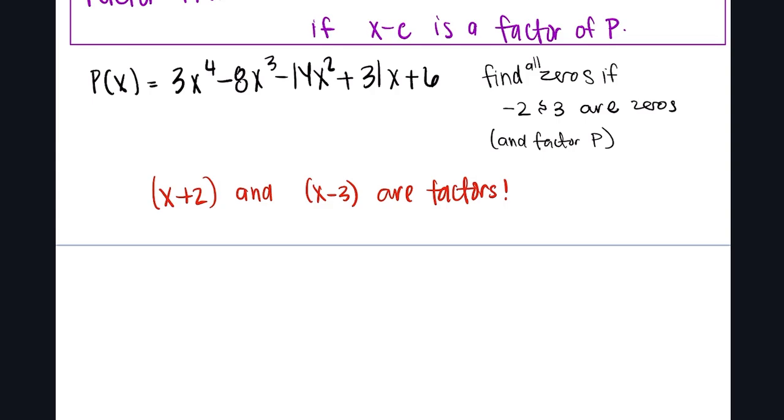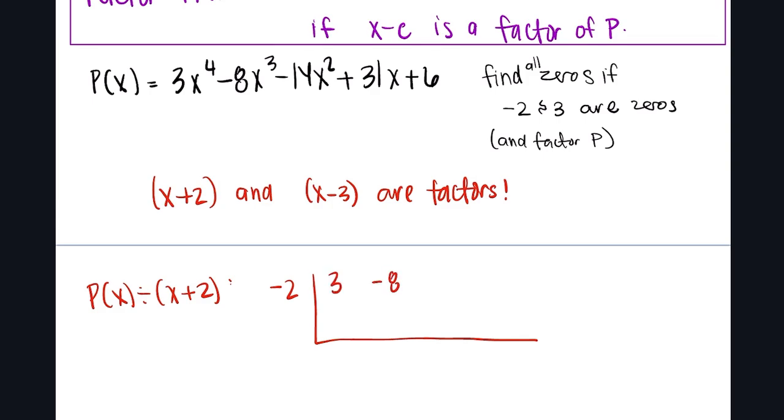So the first thing I'm going to do is take P of x and divide it by one of the factors, so divide it by x plus 2. Have my negative 2, and then we'll do our synthetic division real fast. 3, negative 8, negative 14, 31, and 6.